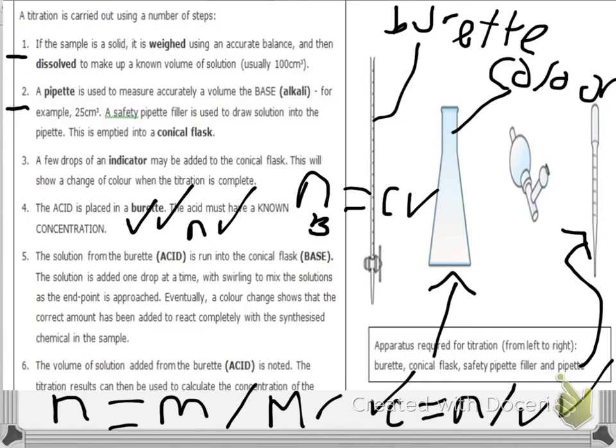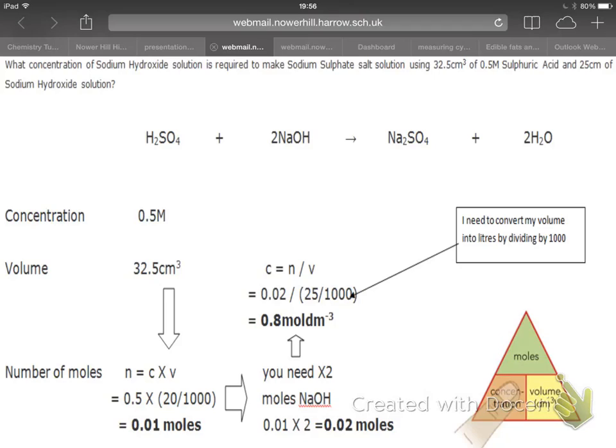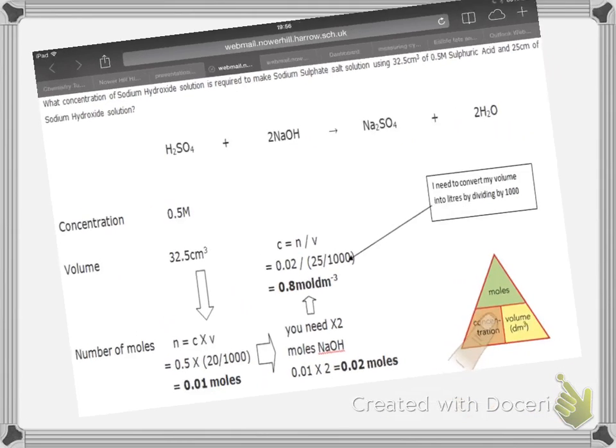And then you record off on your burette the volume of acid that you've added into the conical flask, and from that you can work out your unknown values, either the concentration or the number of moles.